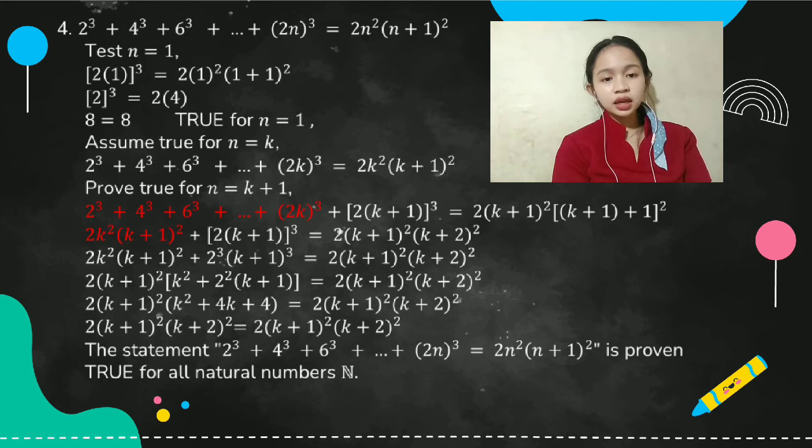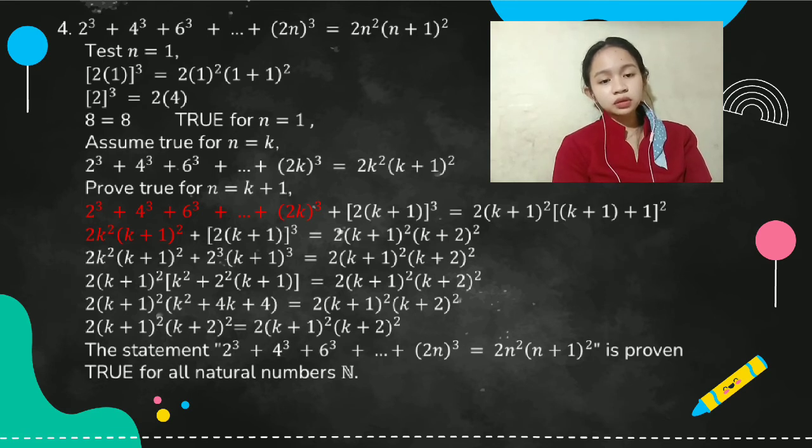Then k squared plus 4k plus 4 is equal to 2 times the quantity of k plus 2 squared plus 1 squared. Rationalize lang nimo siya.